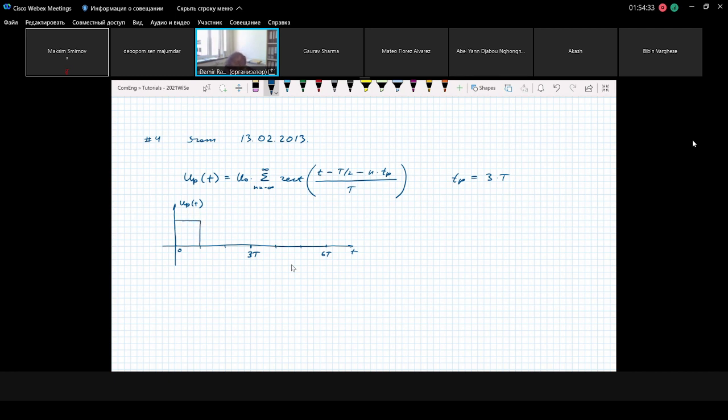Then we have 2 intervals with nothing. Then we have another pulse, and we can continue this sequence periodically. So this is how it looks like.